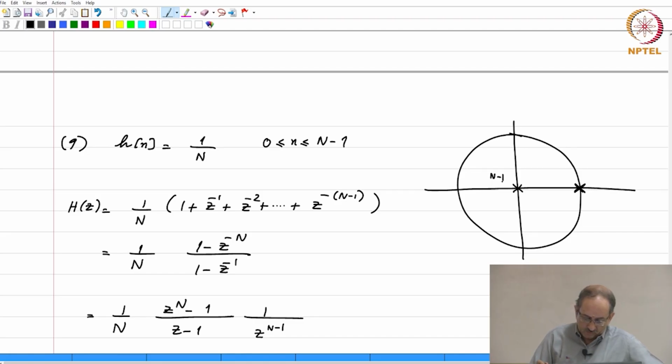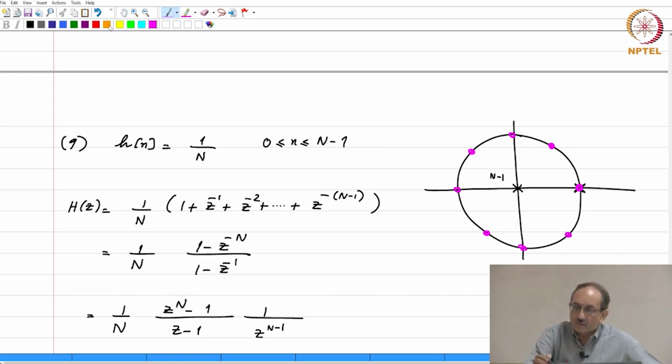Therefore, if you now plot this, say for example, if I assume n equals 8, I will have 8 roots. So, I will have, let me plot the, this is assuming n equal to 8.